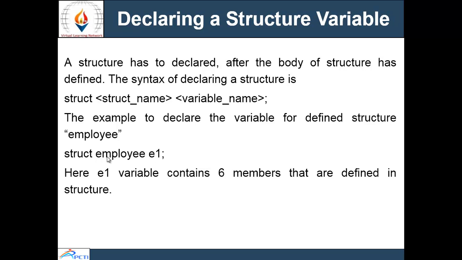For example, I have written struct employee E1. Here E1 is the variable that contains 6 members that are defined in the structure, like employee name, ID, salary, department number, etc.